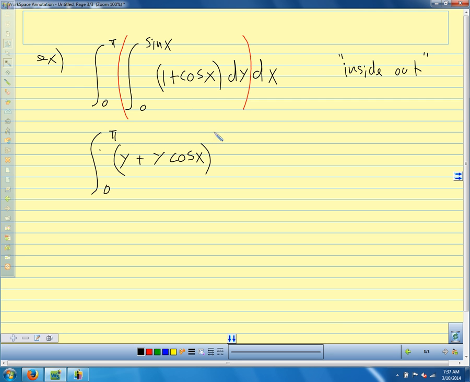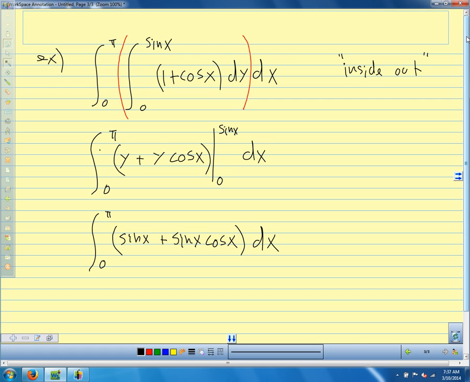We're evaluating that from 0 to sine x, and then I still have my outside integral. So when I evaluate this from 0 to sine x, my outside integral is 0 to pi, and I get sine x plus sine x cosine x dx.